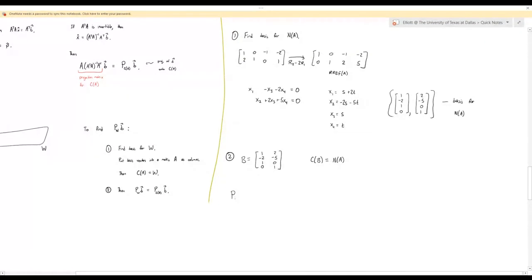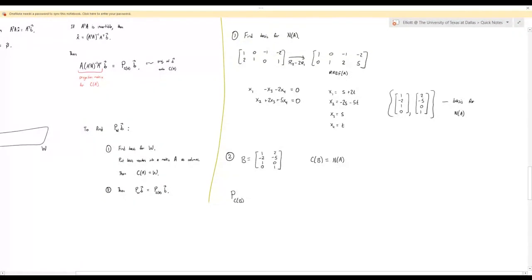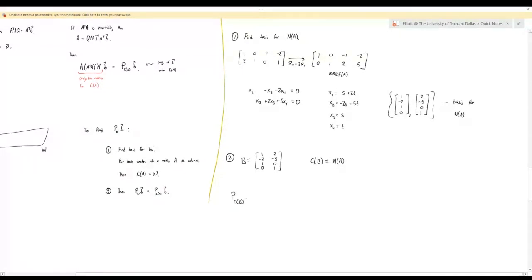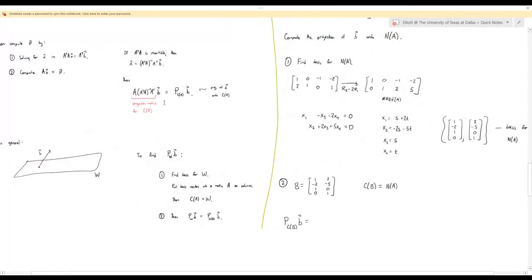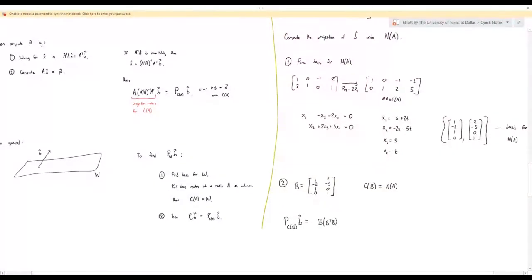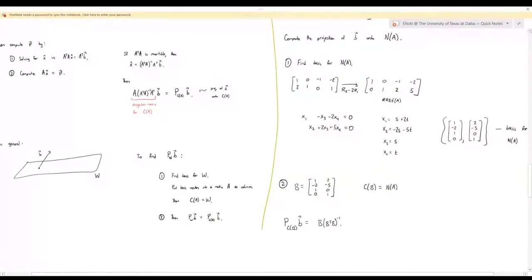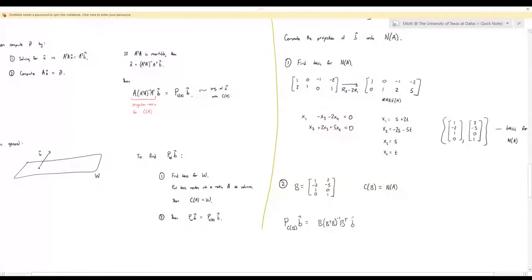So projection onto the column space of B, a vector B. Let me set up this formula for that computation. So I want to do B times B transpose B inverse times B transpose, and then times vector B, okay?